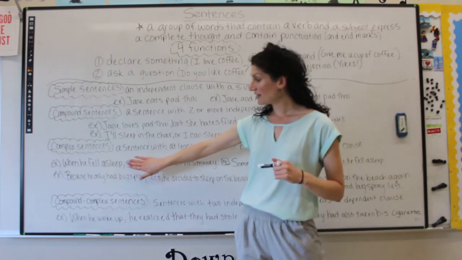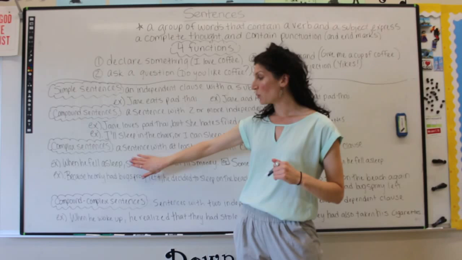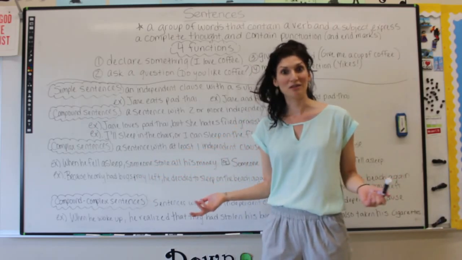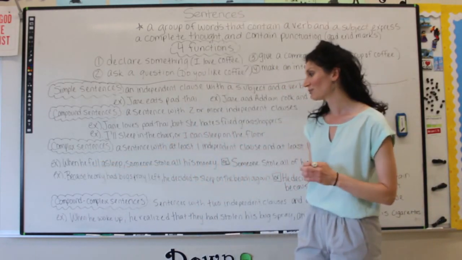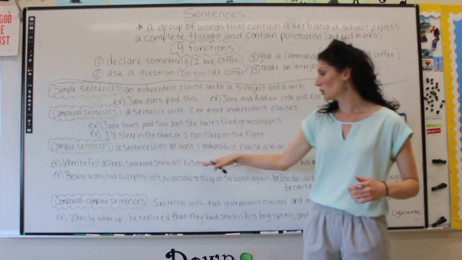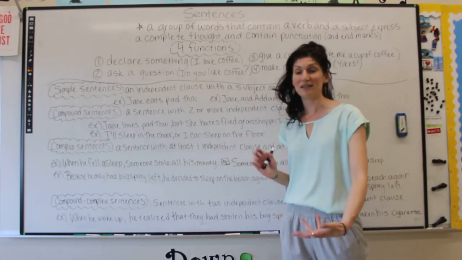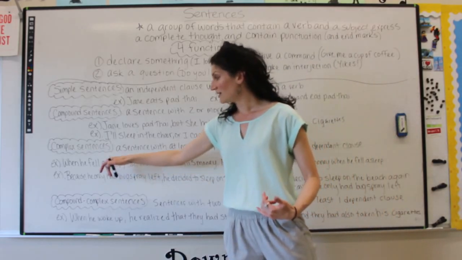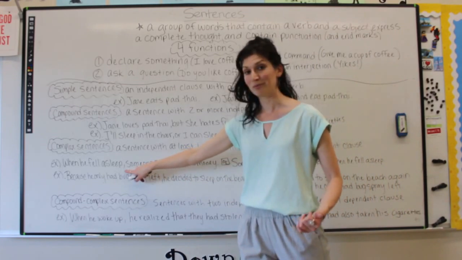If I took this portion by itself and I just wrote when he fell asleep, it would beg the question of what happened. So therefore it's considered to be a dependent clause. The second clause is someone stole all of his money. Now this clause is an independent clause because it could stand by itself. If you notice here, we're joining the dependent clause to the independent clause with a comma.